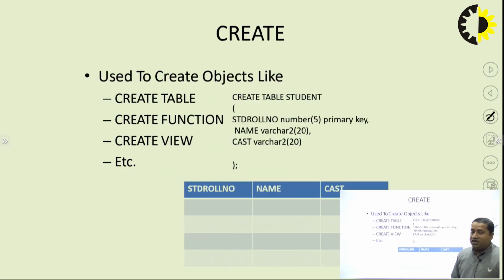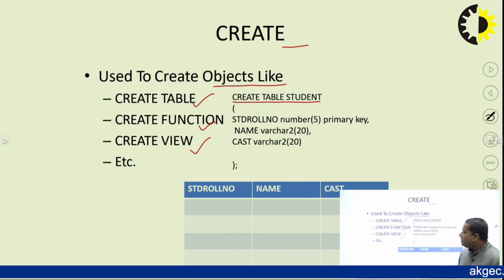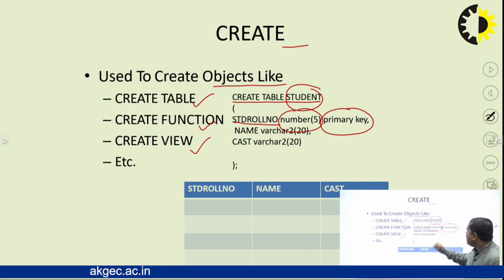Coming to the first, what is create? Basically when we need to create an object in our database, and objects can be tables, functions and views. When we create a table, it follows certain commands: create table, where the table name here is student, having student roll number with data type number, and it is also defined as the primary key for this relation.